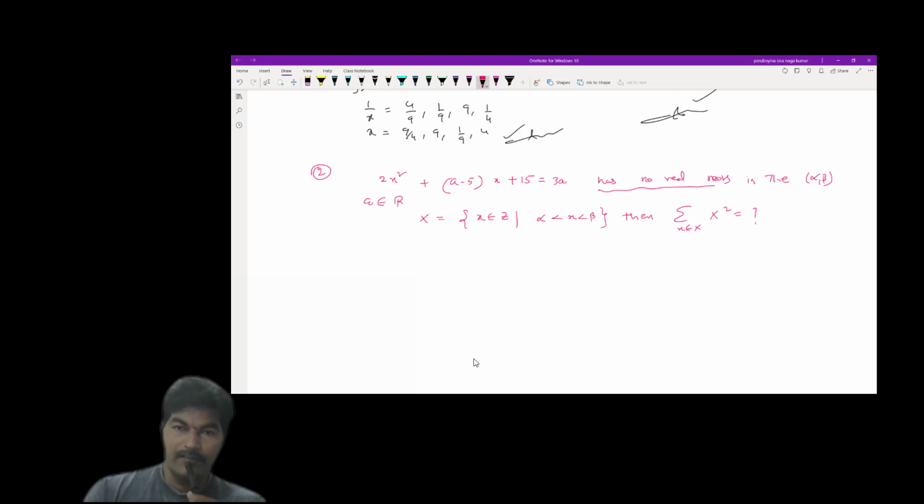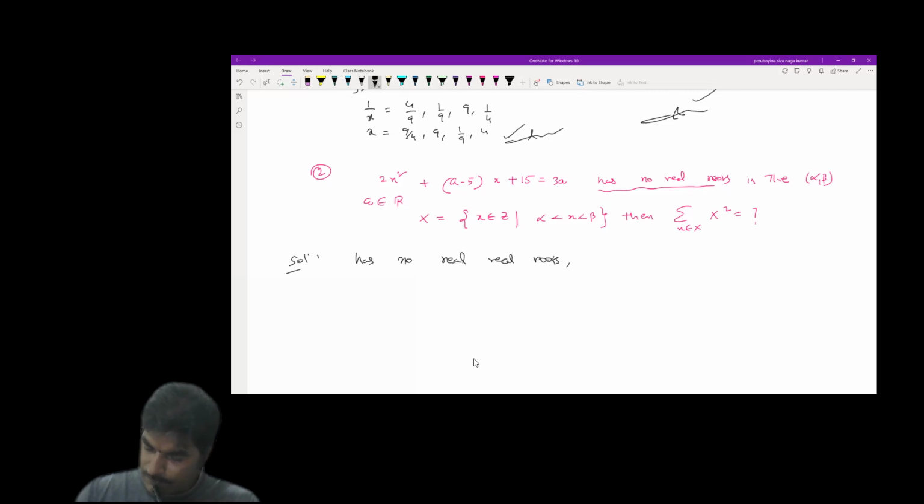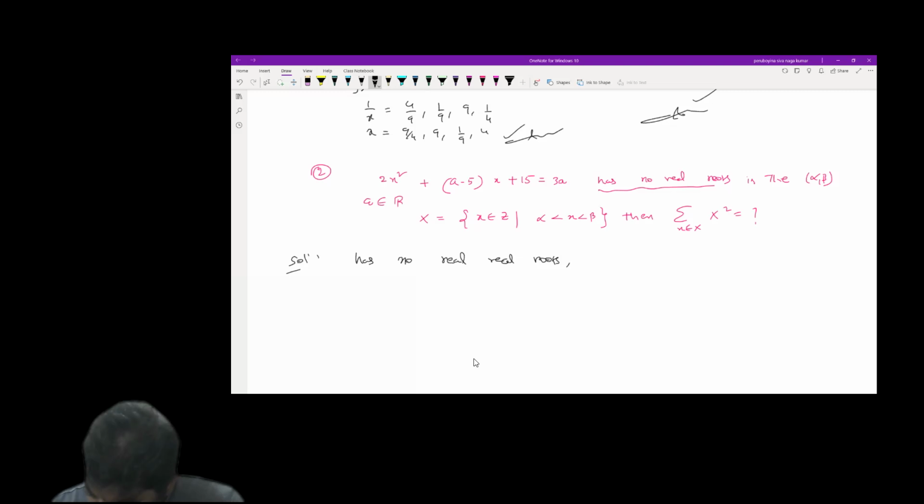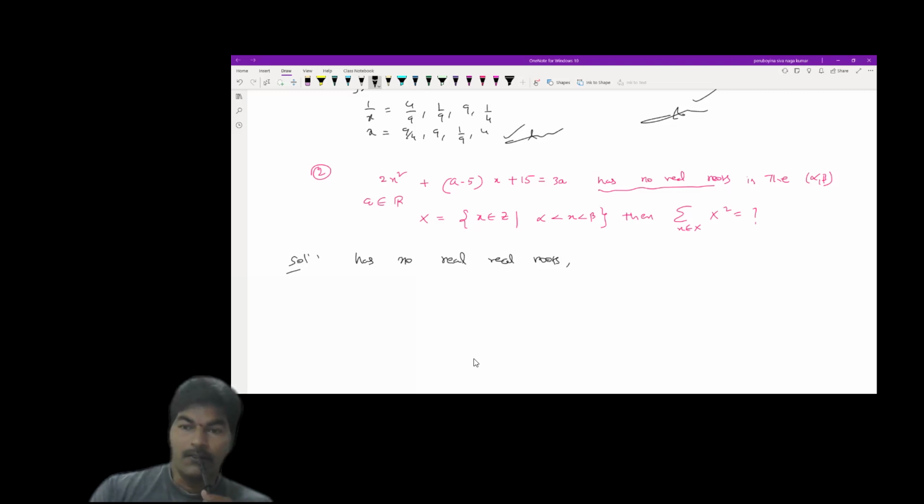Has no real roots means you can identify the x interval. No real roots means delta is negative.